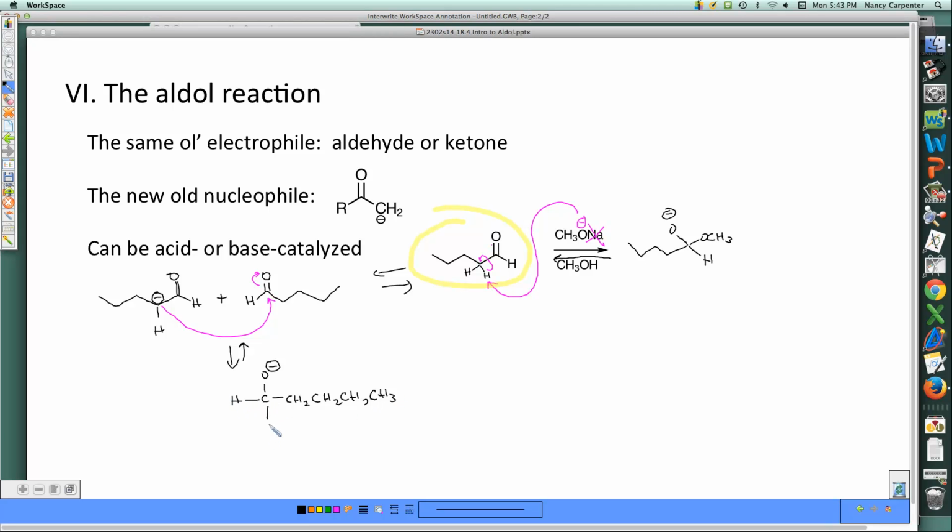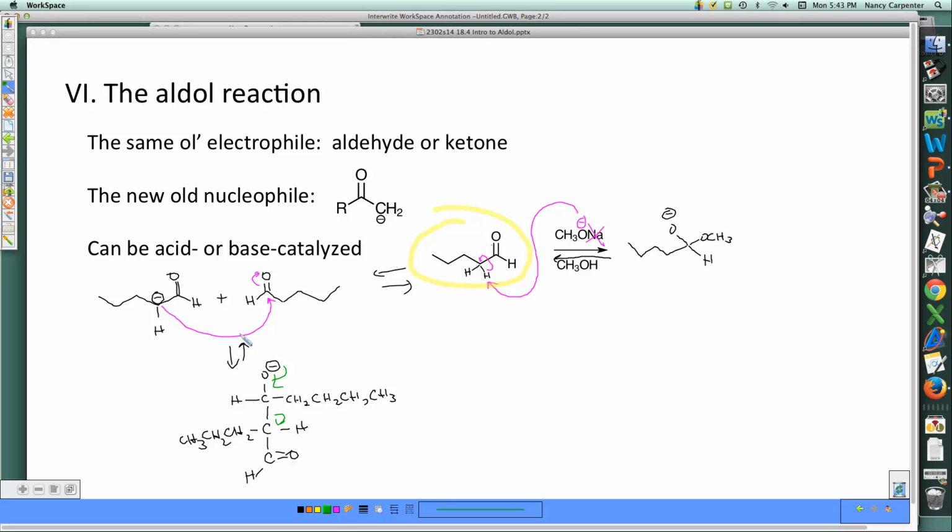I add that carbon here, so there's a hydrogen attached to it, a propyl group attached to it, and the aldehyde, the carbonyl carbon. Why should this stick? Well, in effect, it doesn't necessarily. It's easy for this to go back the other way.